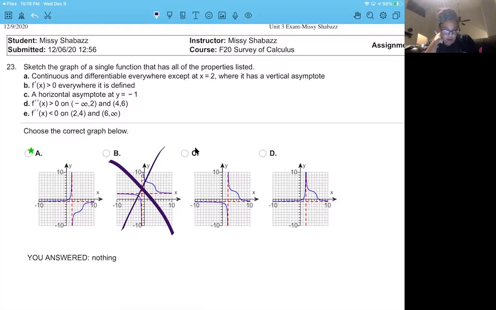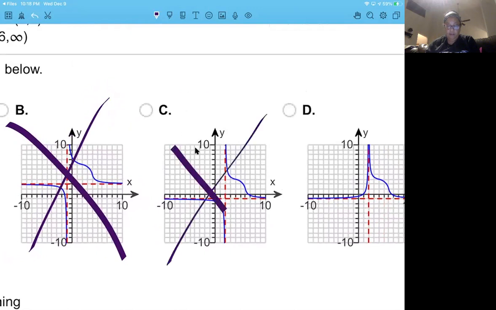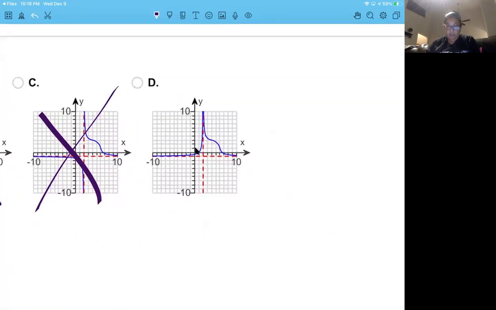It says f prime of x is greater than 0 everywhere it is defined. So that means it's increasing everywhere it's defined.